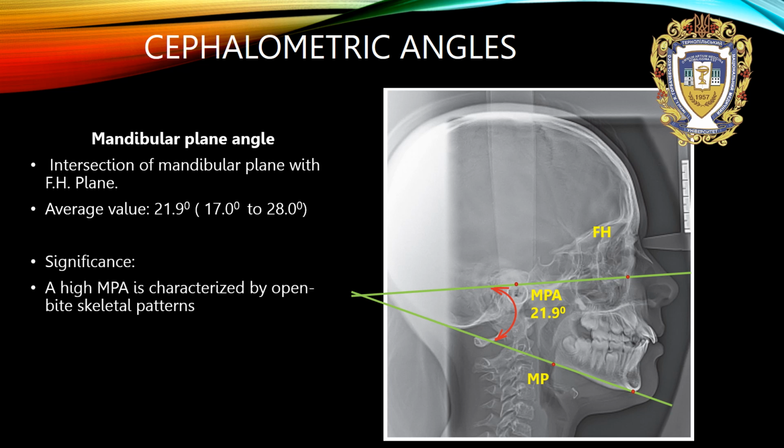And significance of this angle. A high mandibular plane angle is characterized by open bite skeletal patterns, but opposite situation, a low MPA, is characterized by closed bite skeletal patterns.